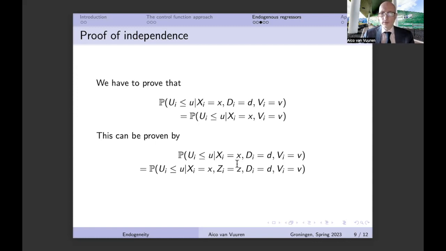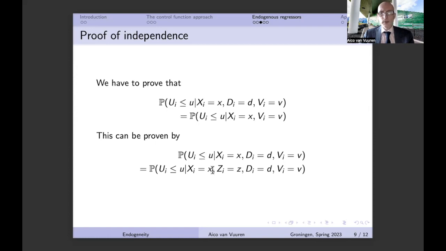That is of course allowed, because u and z are independent from each other, and therefore we can always condition on a particular level z. If you don't believe me, you can also go the other way around. If u and z are independent from each other, then we can always get rid of z over here, and then we go back to where we were.